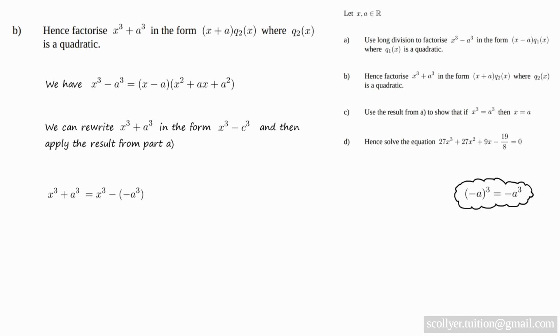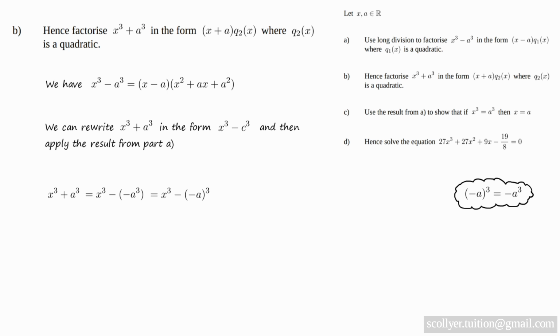And now we note that minus a cubed equals (minus a) all cubed. And so we have that x cubed plus a cubed equals x cubed minus (minus a) all cubed, which is in the form x cubed minus c cubed, where c equals minus a.